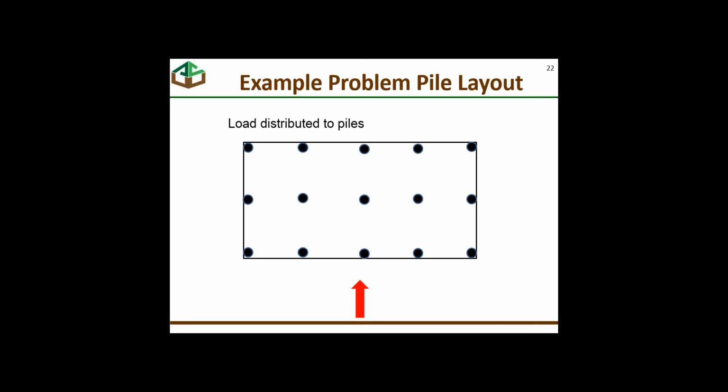I assume the load is distributed at the floor level into all the piles, as opposed to just along shear walls or whatever. By the time this wind load gets into the bottom floor system, I think we need to use all the piles in order to help resist that lateral load.